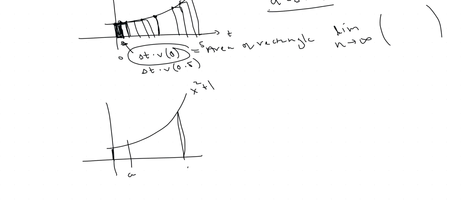Now I'm going to break my interval into an arbitrary number, n, of rectangles. So my width is going to be my ending point minus my starting point over n, and I'm going to have n rectangles.